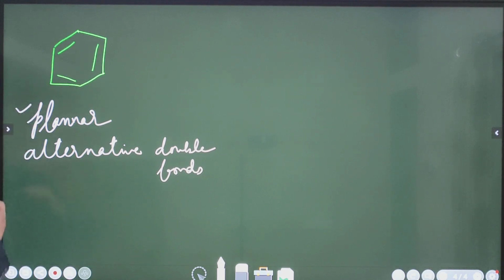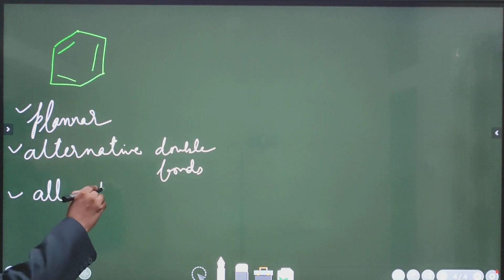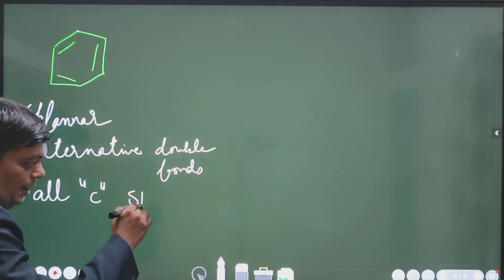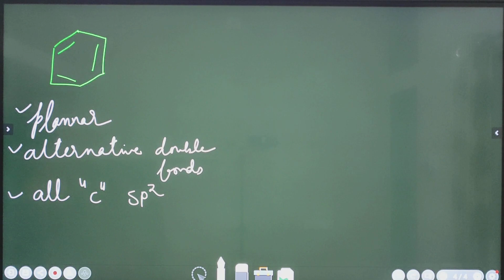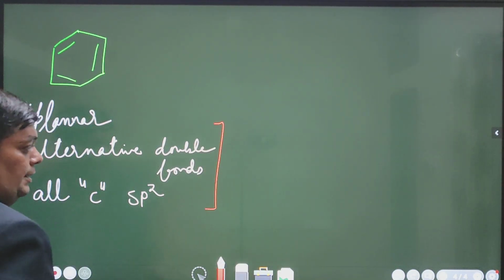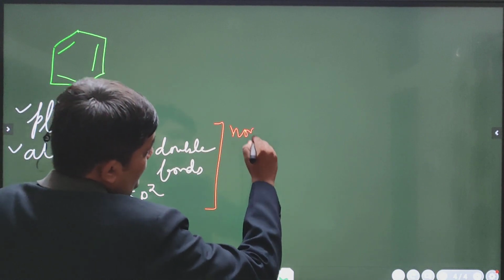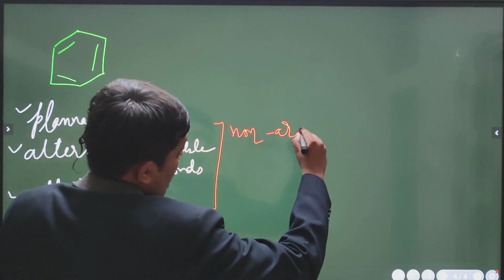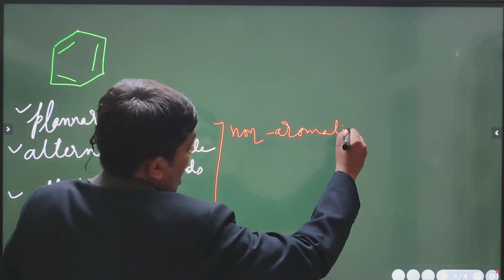So it is planar and has alternate double bonds. If we move a step ahead and think a little bit, all the carbons present are sp2. So this will directly help us conclude that it can never be non-aromatic. This can never be non-aromatic.